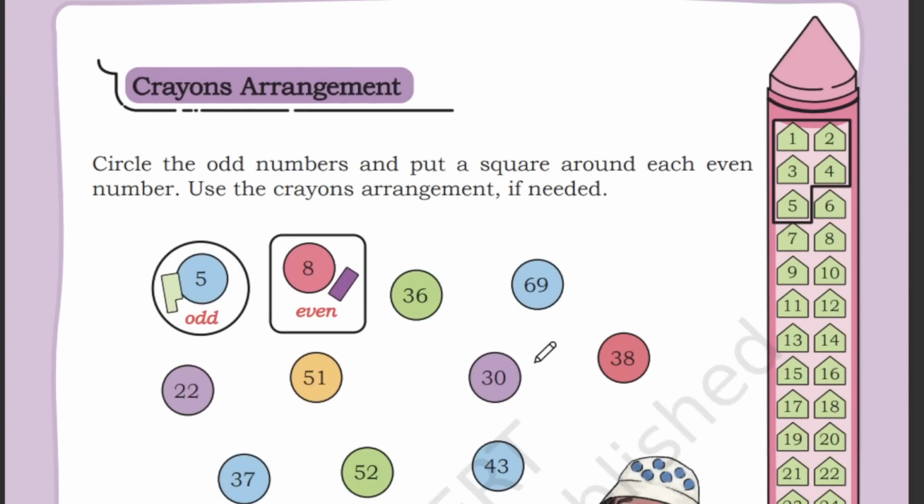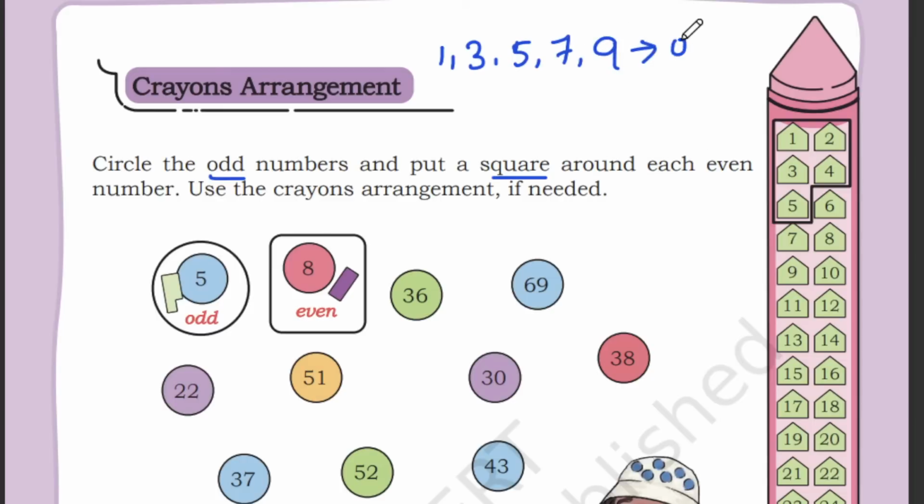So next one. Circle the crayon. We have to circle the odd numbers and we need to square the even numbers. First we will find out the odd numbers. Odd numbers we already know. I will write the pattern again: 1, 3, 5, 7 and 9.